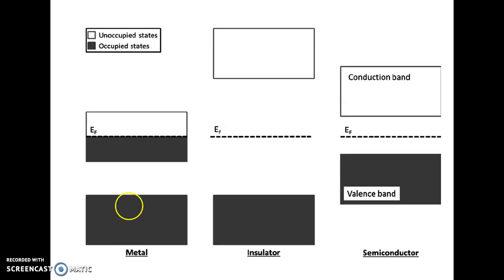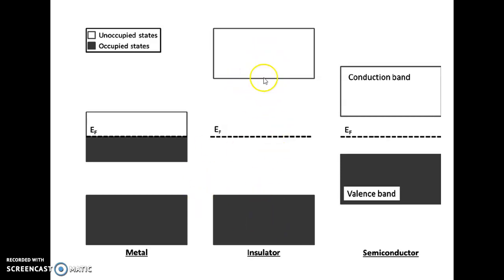If you consider an insulator, see the band gap, it is very high, more than 2 electron volt. So there is a fully filled valence band, an empty conduction band, and the band gap is very high, more than 2 electron volt, and the Fermi energy level is in between the valence band and conduction band.